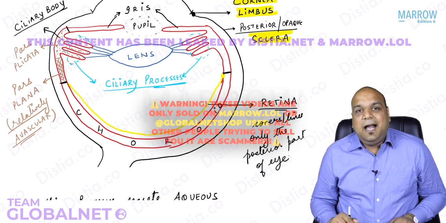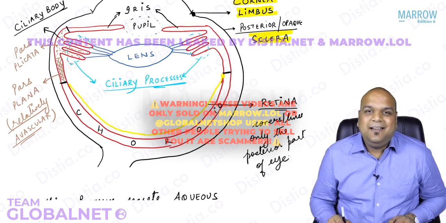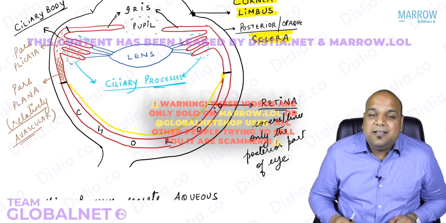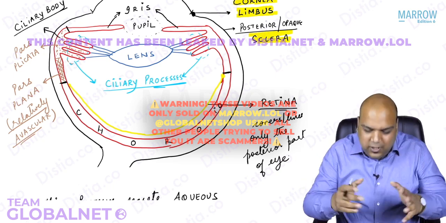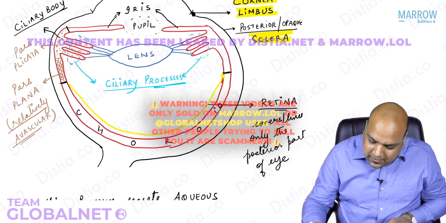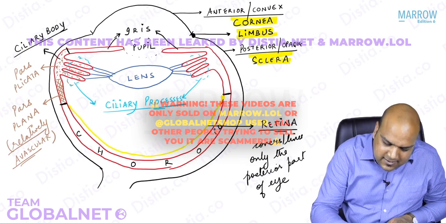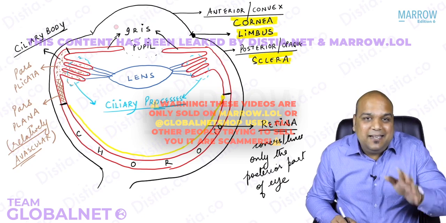I hope we are clear about this basic anatomy of the eye in our 3D structure and then drawn on a 2D diagram for you. To complete it, if I say there are two spaces in the eyeball, I will discuss them in detail later on.